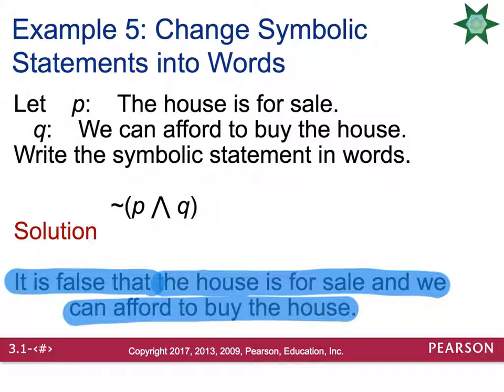So technically, there's a grouping symbol here, even though there's no comma. When you see something like it is false that or it's not true that, everything after it gets grouped. So that's a little bit of a subtlety there. It is false that, and then this thing is totally negated. That P and Q. The house is for sale, and we can afford to buy the house.